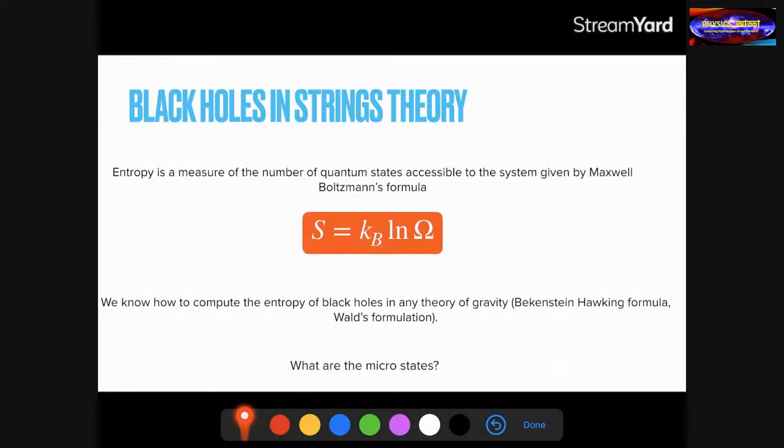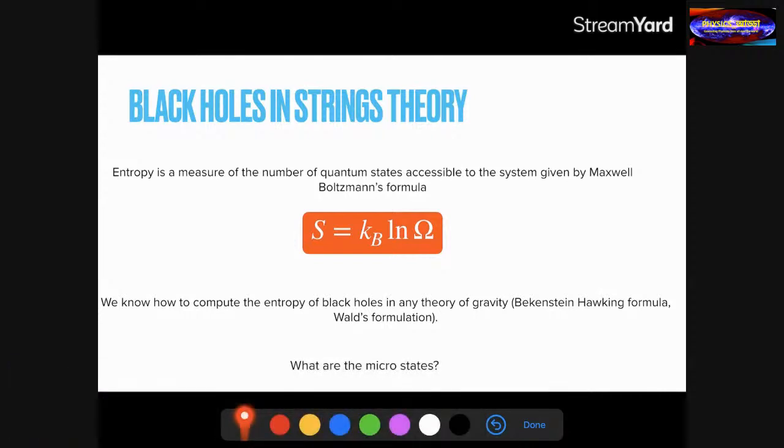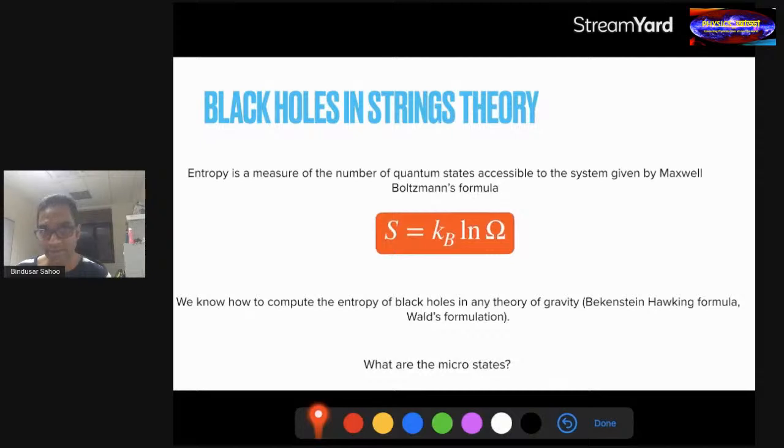You have all studied in statistical mechanics that entropy is a measure of the number of quantum states accessible to the system, and it is given by the Boltzmann formula. If omega is the number of quantum states accessible to the system, then the entropy is given as k_B log omega, where k_B is the Boltzmann constant.